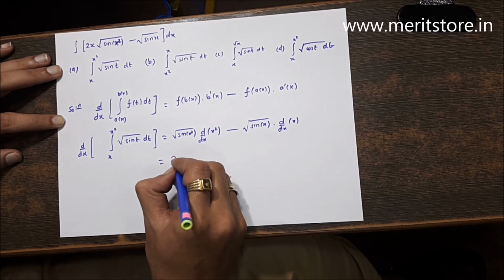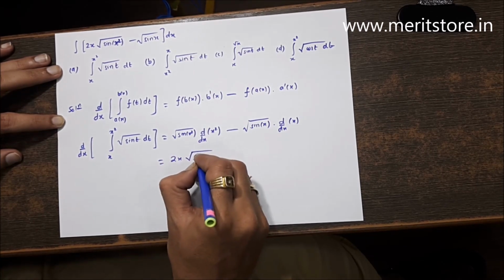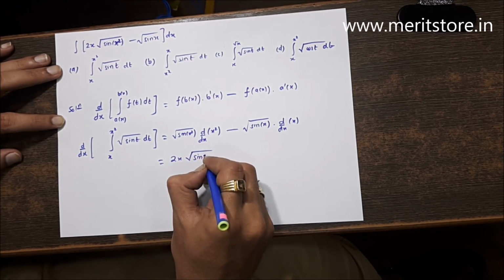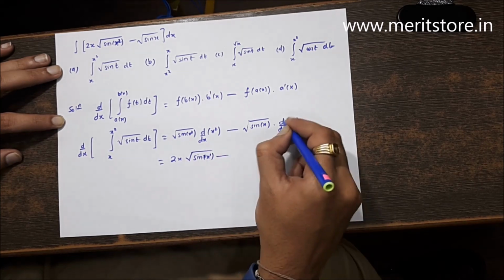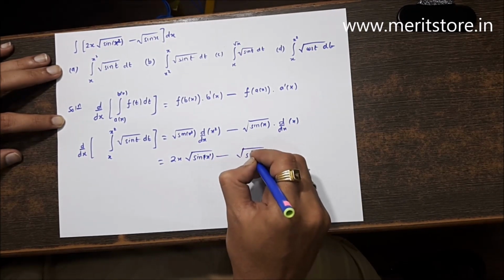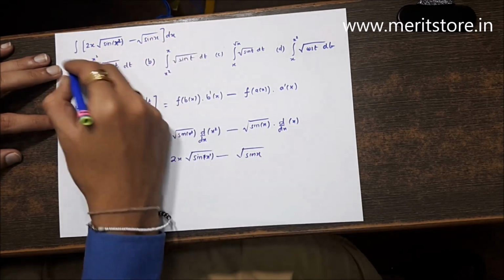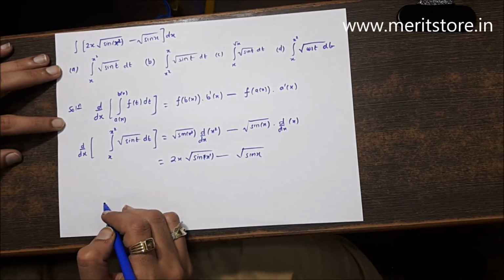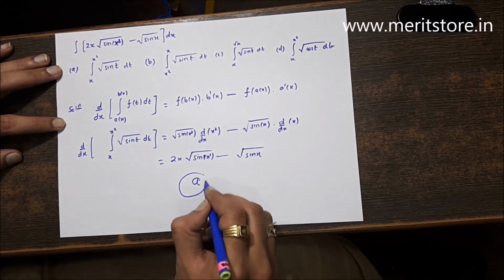Derivative of x square is 2x root of sine of x square minus derivative of x is 1, which is root of sine x, which we observe is our question. Therefore, our answer is option A.